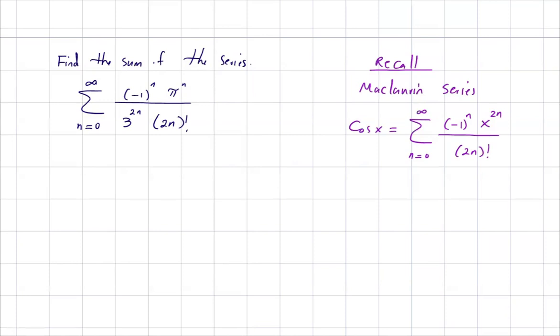So the cosine function has a power series representation using Maclaurin series.